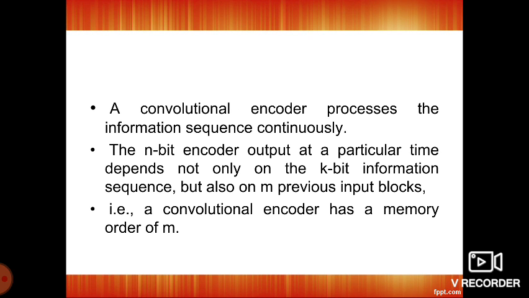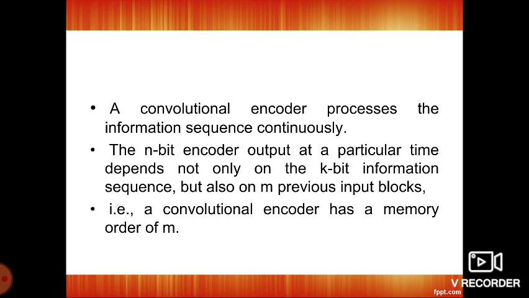The code rate of the convolution encoder is determined by r equal to k by n. R is the rate of the convolution encoder, k is the number of message bits coming at a time to the first part of the encoder, the current bit position, and n is the number of modulo 2 adders. The convolution encoder processes the information sequence continuously.